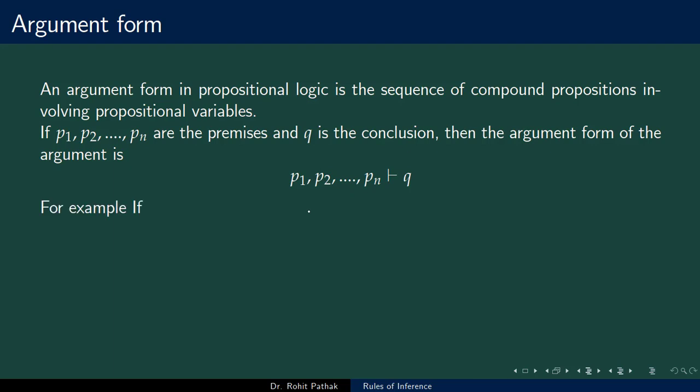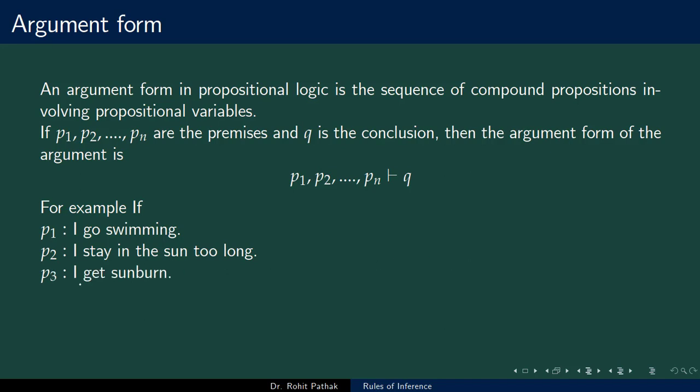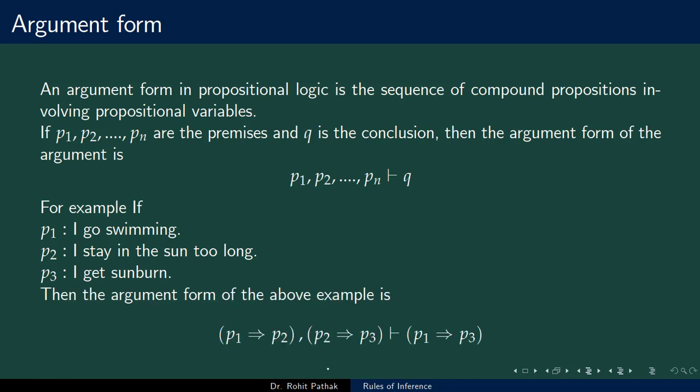For example, in the above example, if I take P1 as I go swimming, P2 as I stay in the sun too long, and P3 as I get sunburn, then the above argument may be written as P1 implies P2. That means if I go swimming, then I stay in the sun too long.